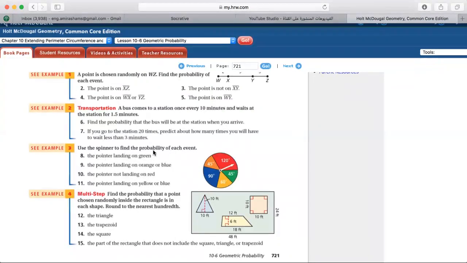The pointer landing on green: I'm going to write the degrees of the green over the total. Degrees of green is 45 over the total, and the total is 360.